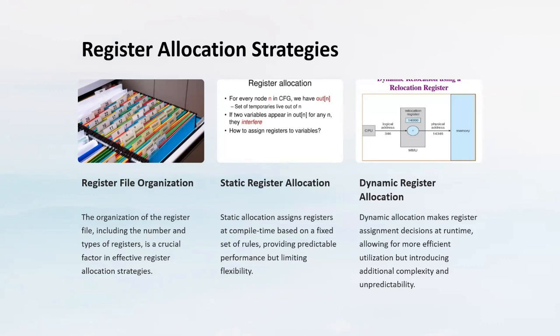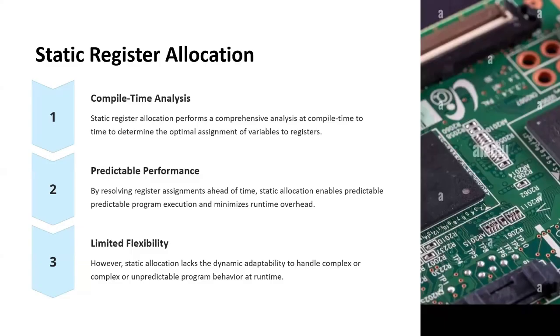Static allocation assigns registers at compile time based on a fixed set of rules, providing predictable performance but limiting flexibility. Dynamic register allocation. It makes register assignment decisions at runtime, allowing for more efficient utilization but introducing additional complexity and unpredictability.